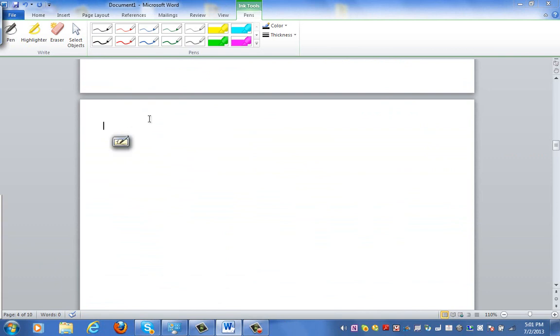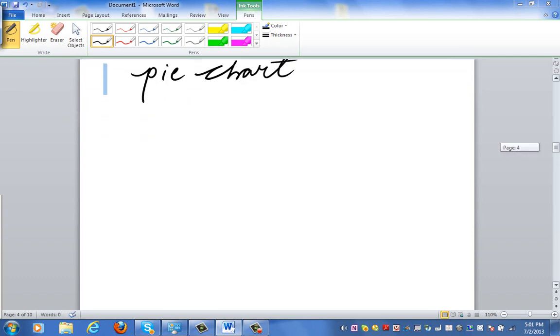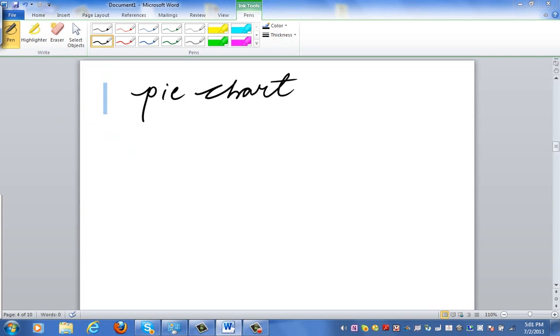Now, instead of using a bar graph to represent our data, we could also use what we call a pie chart. A pie chart is the following.